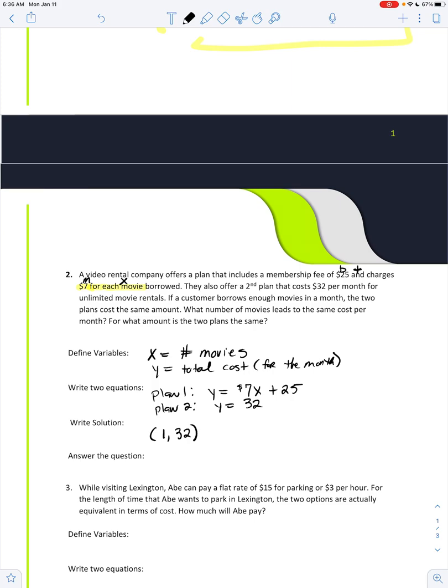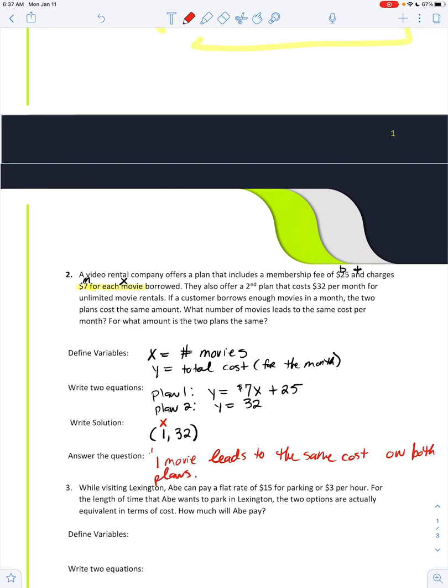Well, movie is x. And in this situation, our x is 1. So what number of movies? One movie leads to the same cost on both plans.